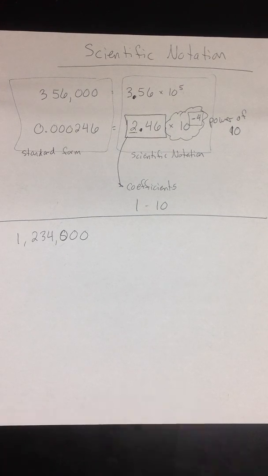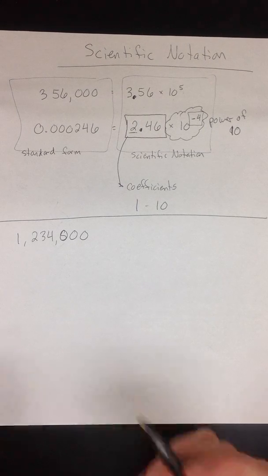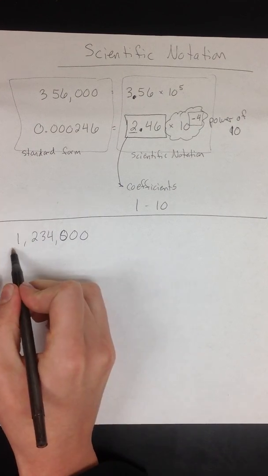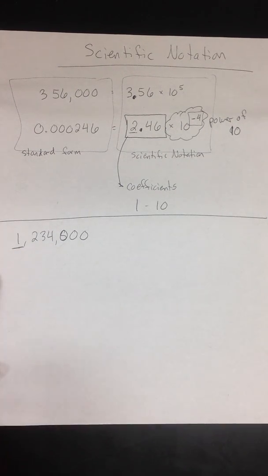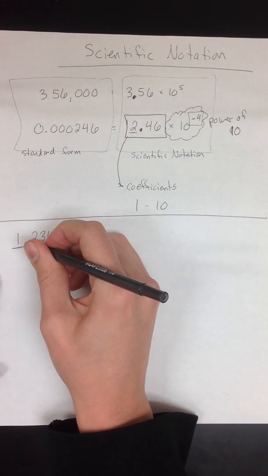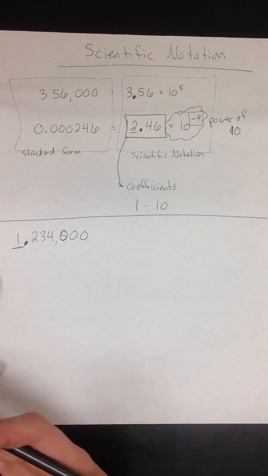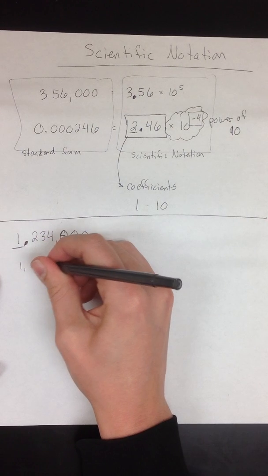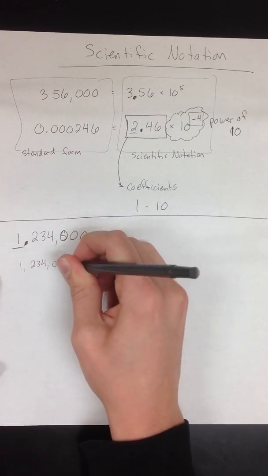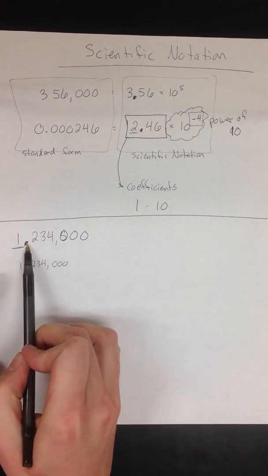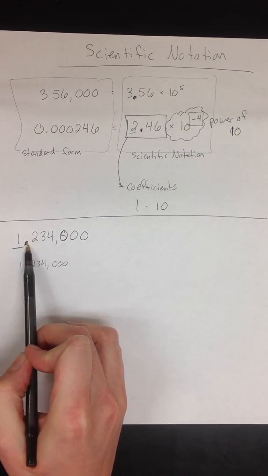So again, I need my coefficient to be between 1 and 10, which means that I have this first digit, and I ultimately, in my coefficient, want my decimal to end up right there. Currently, this number doesn't have a decimal. This is where I want it to end up. I have to get it there first.